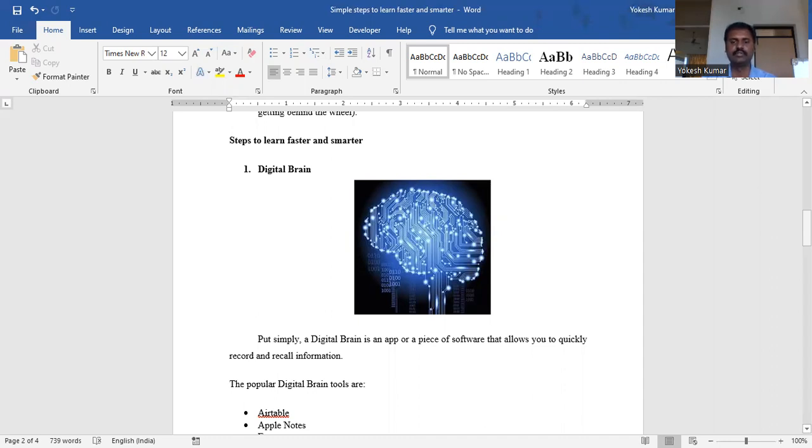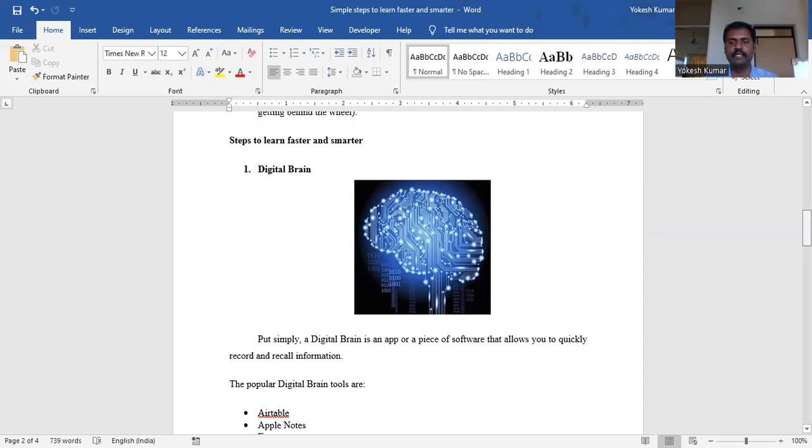So for that, we have to make a digital copy of the data, so that it will be easily remembered by the person. So put simply, a digital brain is an app or a piece of software that allows you to quickly record and recall the information which you already stored.